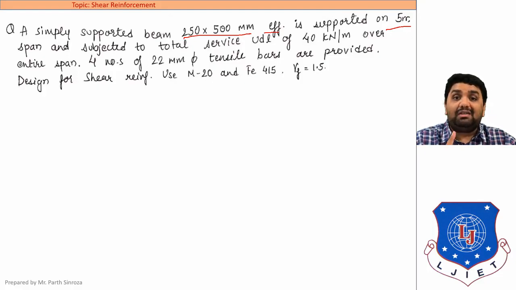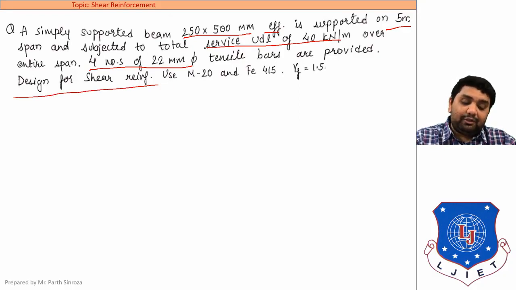Again keep in mind, service UDL, that means live load, of 40 kN per meter over the entire span. Four numbers of 22 mm diameter tensile bars are provided. That means Ast is given: Ast equals 4 into pi by 4 into 22 squared. Design the shear reinforcement, and we need to use M20 and Fe415 bars.